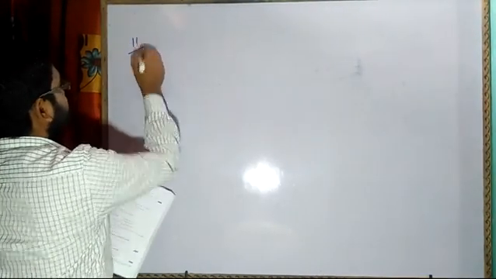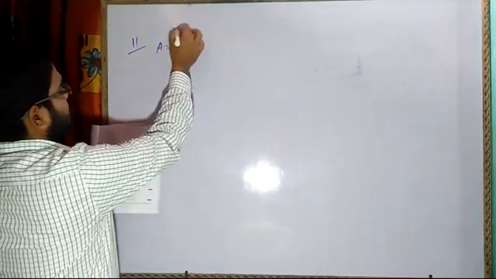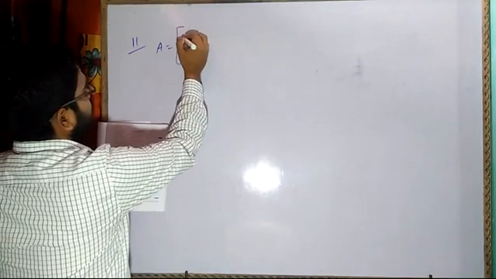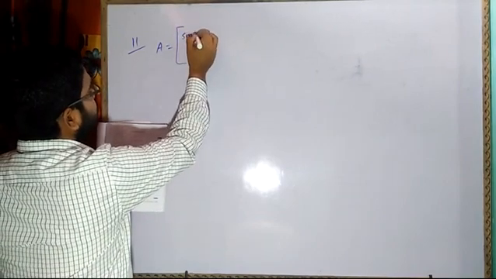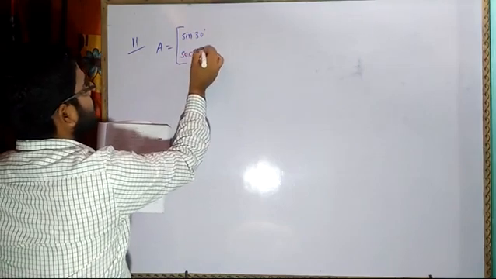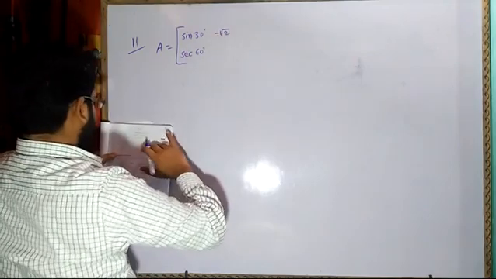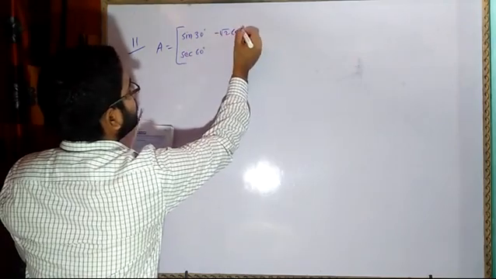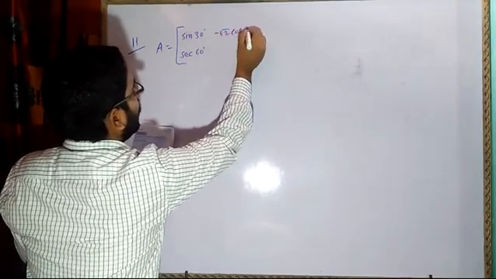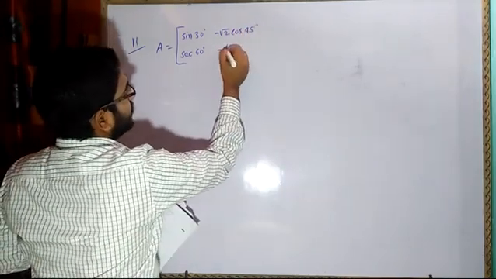Now question number 11 says that if A is equal to sin 30 degree, sec 60 degree, then we have minus root 2 cos 45 degree, then we have minus tan 45 degree.